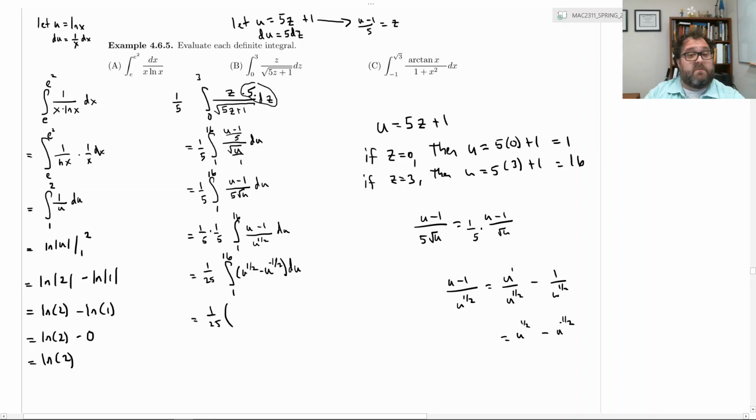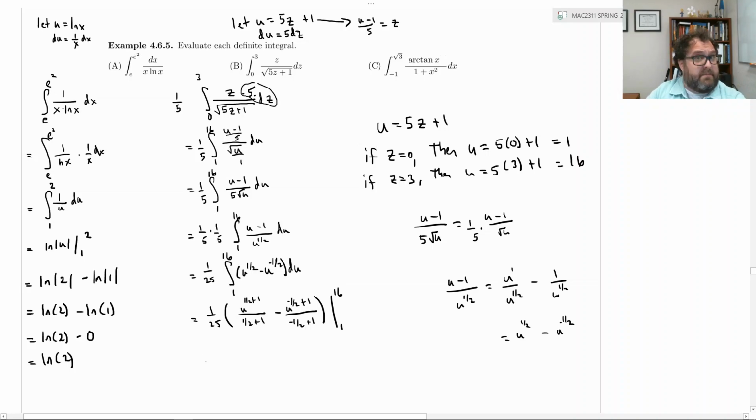So we open a parenthesis, and then we say, all right, we increase the power of that first term by 1. So you get u to the 1/2 plus 1, and then you divide by that same new power, minus, and we do the exact same power rule. We increase the power by 1, so it's negative 1/2 plus 1, divided by negative 1/2 plus 1. And we don't have to worry about the plus C because this is a definite integral, and we are about to evaluate this using the fundamental theorem of calculus part 2 at 16 and 1.